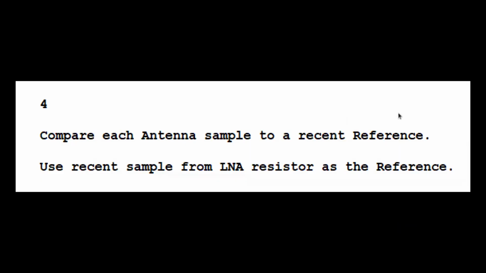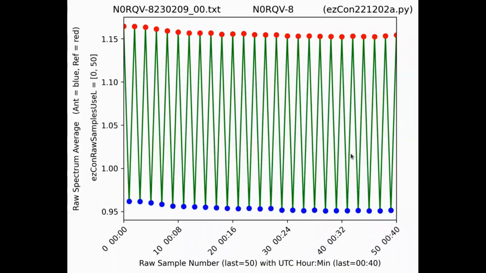That's what number 4 is. Lots of references, so compare to a recent reference, and make that recent sample come from a resistor at the very front of the first low noise amplifier and use that spectrum as a reference to compare to.